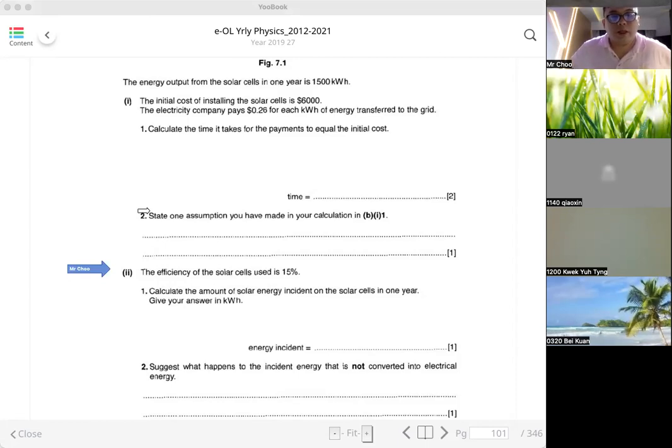So the question now is this: how much solar energy do you need to generate 1500 kilowatt hours? Pei Kwan, your B2 is correct. Well done. Well done.